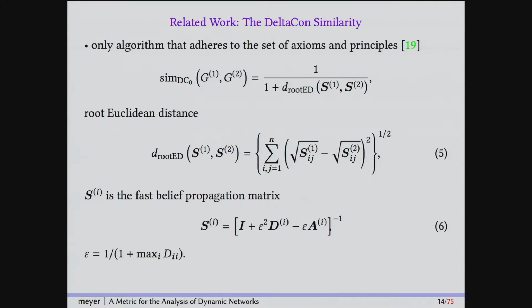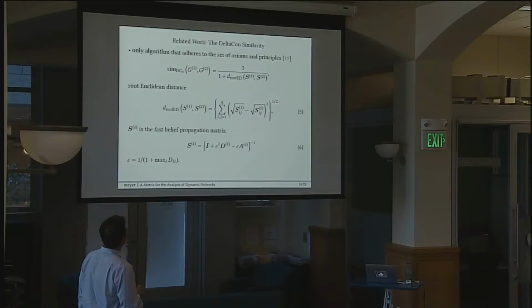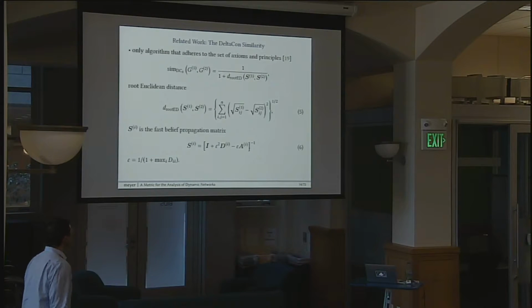You take two matrices, each of which characterizes graph 1 and graph 2, take the square root of these entries, then take the difference and square that, and you basically have the Frobenius norm of this matrix. So what is this matrix? It is called the fast belief propagation matrix. It takes the degree matrix and the adjacency matrix and combines them with some very small weights that have to do with the highest degree, and then you take the inverse.